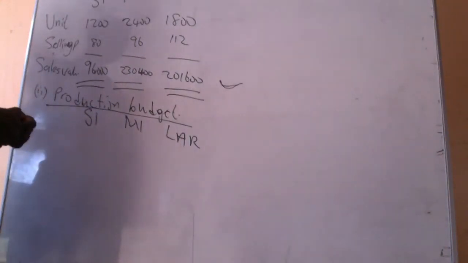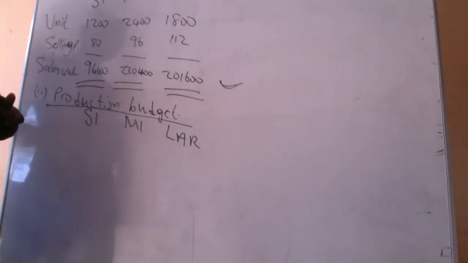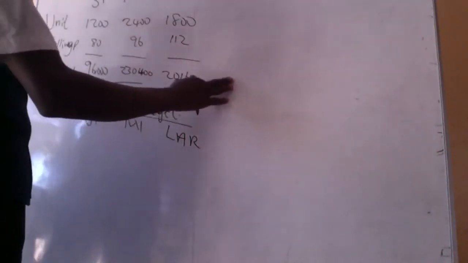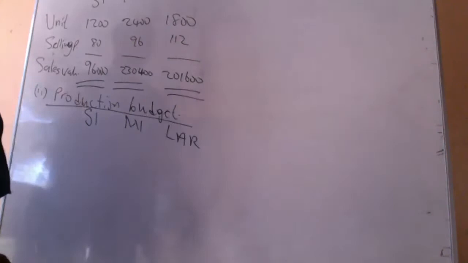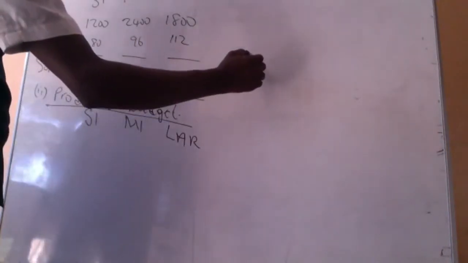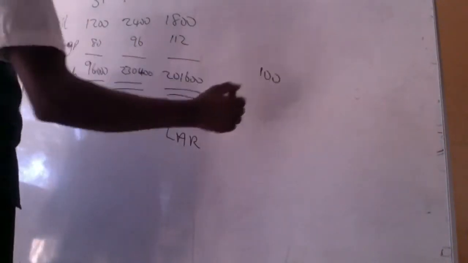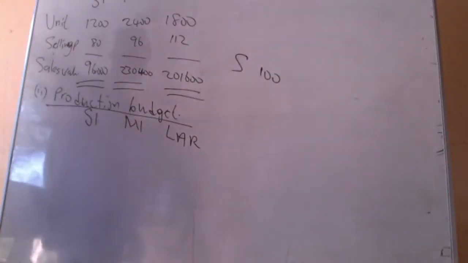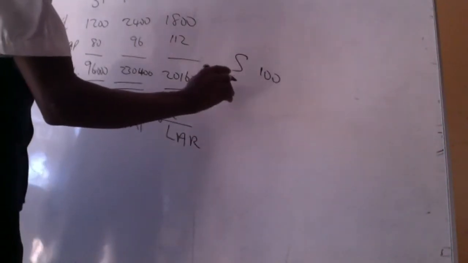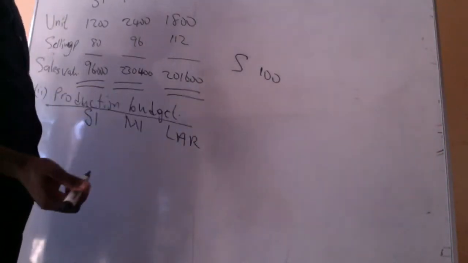But before I introduce it, let me do a rough sketch here. Let's assume that you want to sell 100 items. Sales is 100. You produce books.